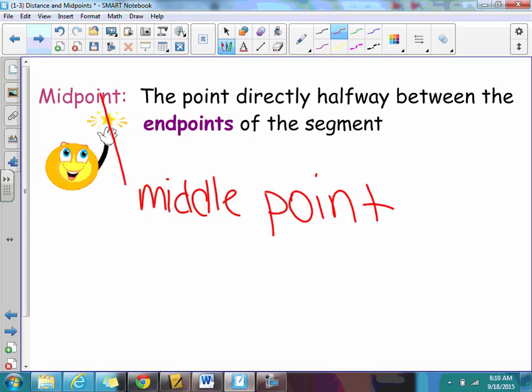What the midpoint does is it cuts this segment into two congruent pieces. If you want to see what a drawing would look like, say M is my midpoint of this segment, I would see tick marks there. Then I know for sure it is exactly in the middle because the distance from A to my midpoint is the same as the distance from B to my midpoint. And that's how you would display a midpoint.